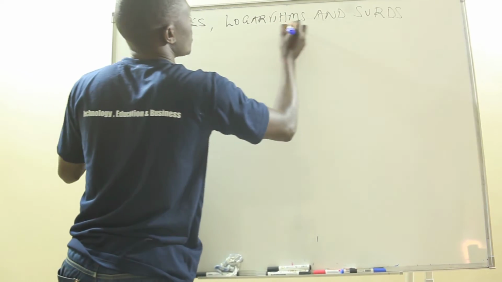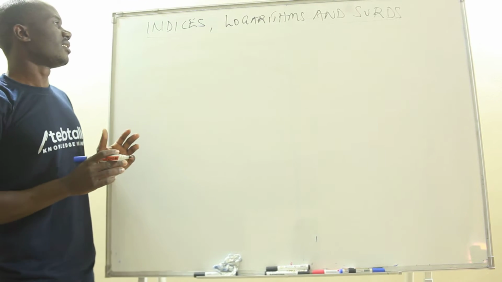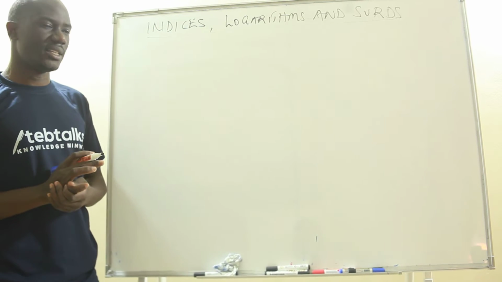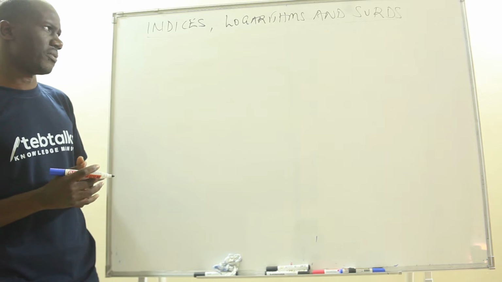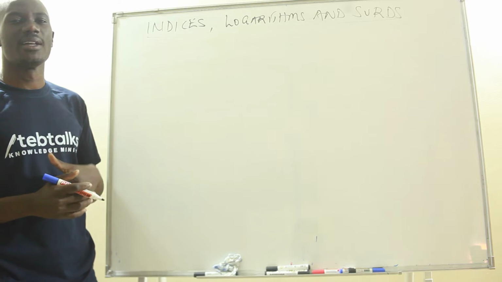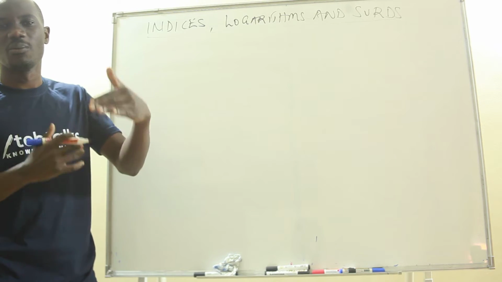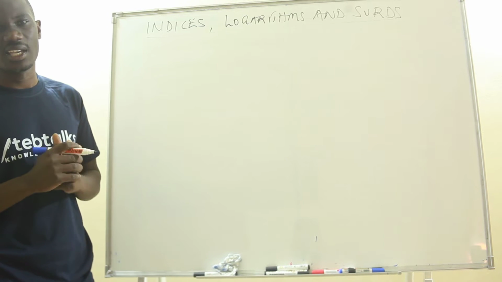This is the first topic we are going to look at. They are not new to all of you because you have learned them right from O level and you have been assessed with them. But now at this level, we are just advancing on them, adding more concepts to it.